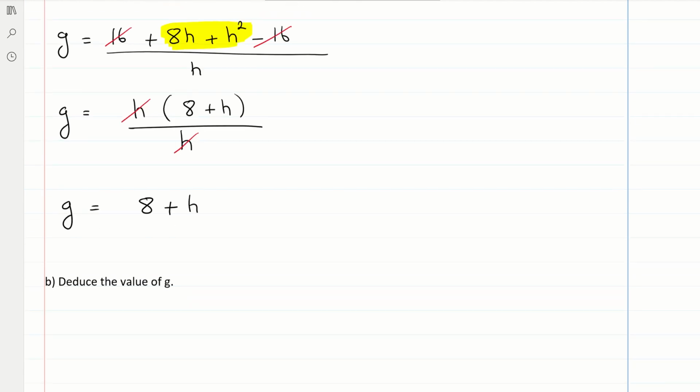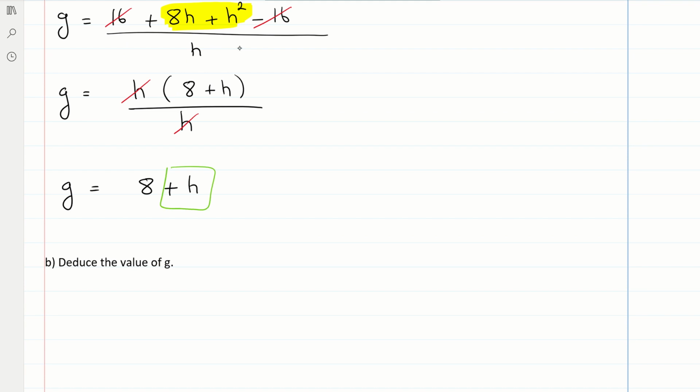But as this very small distance gets smaller and smaller, that's what it means by h tends to 0. This distance is getting smaller and smaller, it's becoming non-existent, it's becoming 0. What is the value of the gradient? Well, 8 plus 0 is 8. So the value of the gradient is going to be 8 as it gets smaller and smaller.